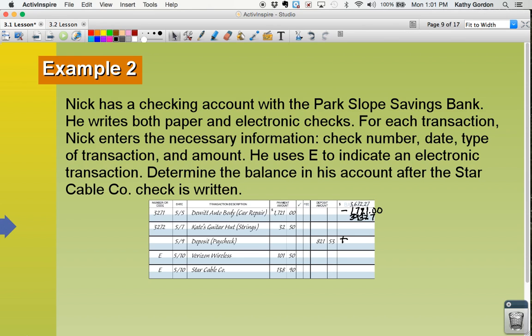So on 5/10, it was a check to Star Cable Company, and it was for $138.90. Okay?